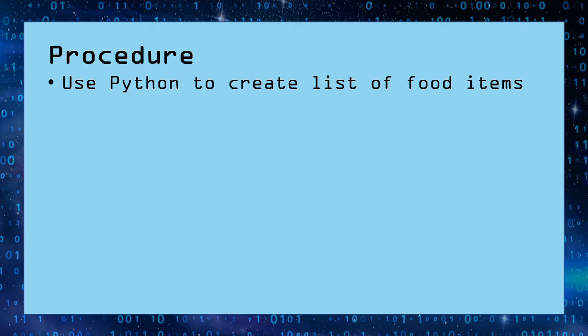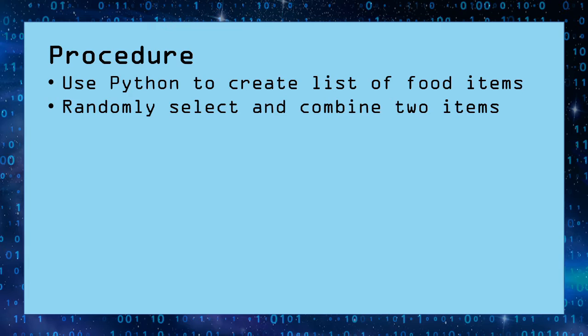First, I'm going to use Python to create a list of food items. Pizza, chicken wings, burgers, sloppy joes, you name it. Then I'll randomly select and combine two items from that list. And the two items are going to be colloquially an adjective at the beginning and the noun at the end.